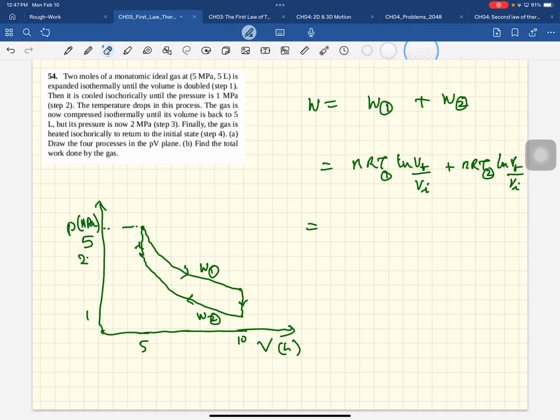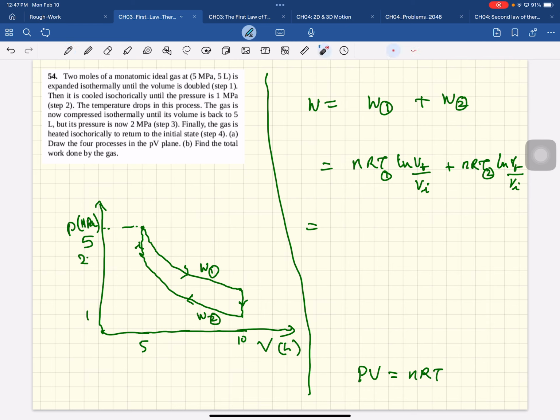We'll come to the temperatures in a second. From the ideal gas law, PV equals nRT.